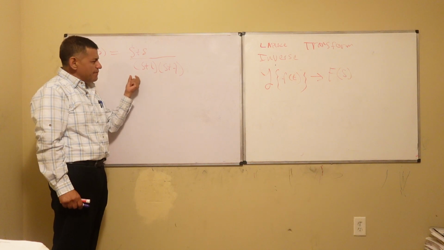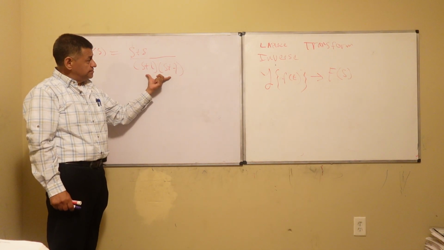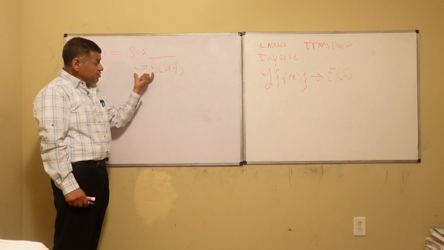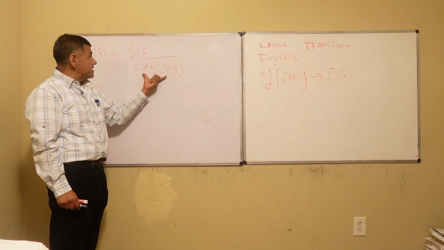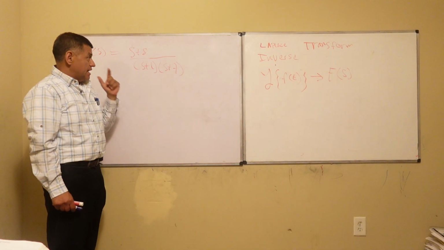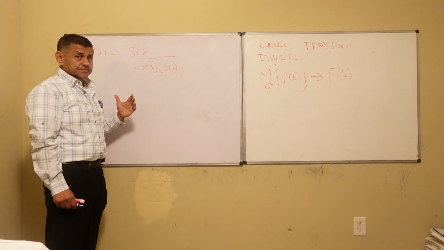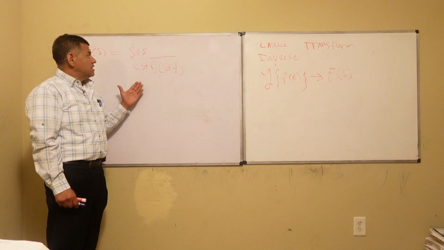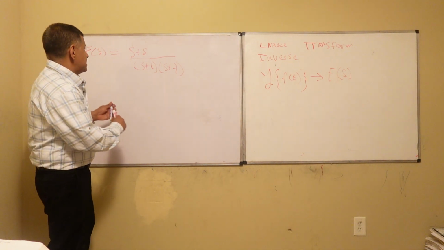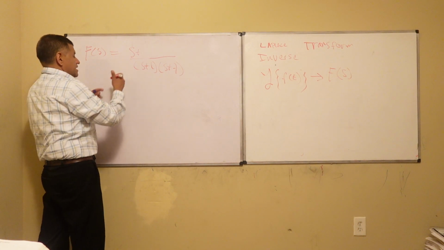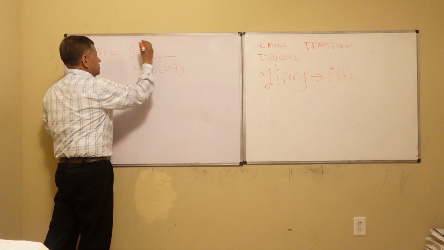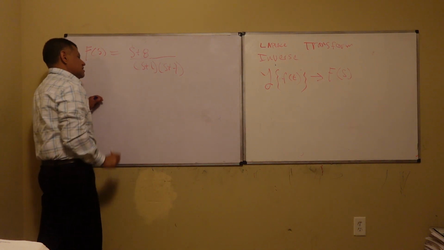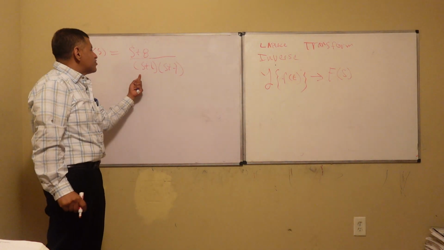If we have a polynomial in the bottom, which in this case we do, we have two factors, and it's greater than the polynomial at the top, it's a degree higher, right?